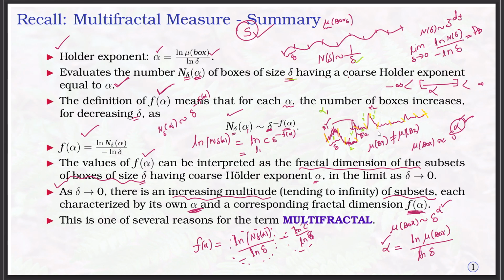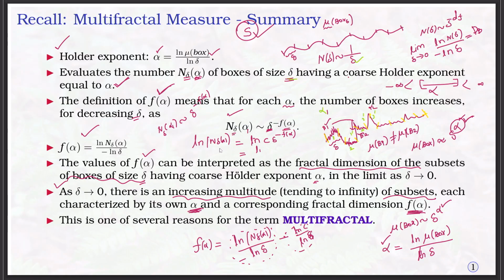Now in the covering, among all the collection, we take the subsets of sets with respect to alpha, and then their corresponding fractal dimension. The object is the same and we are covering it by boxes. In the covering collection, one sub collection has the fractal dimension f of alpha, another sub collection has a different fractal dimension f of alpha.